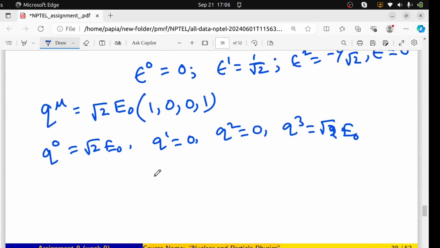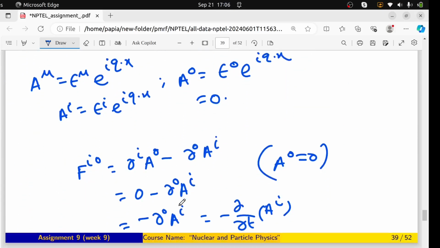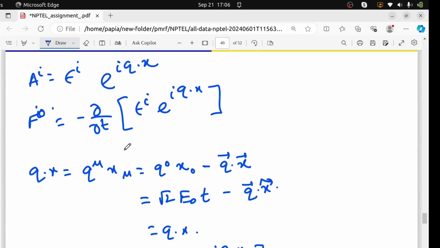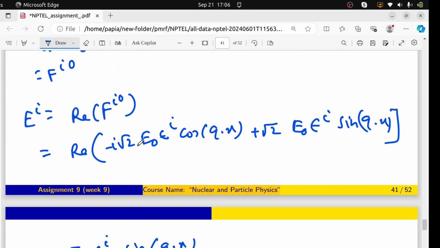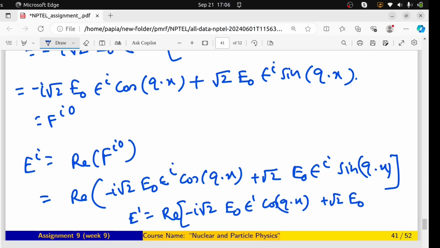Okay. One more thing was there. Yes, this one. So Fi0, if I write here Fi0, then Ei is this one, right? So let's say E1 is how much? E1 is real of minus I root 2 E0 epsilon 1 cos q dot x plus root 2 E0 epsilon 1 sin q dot x.